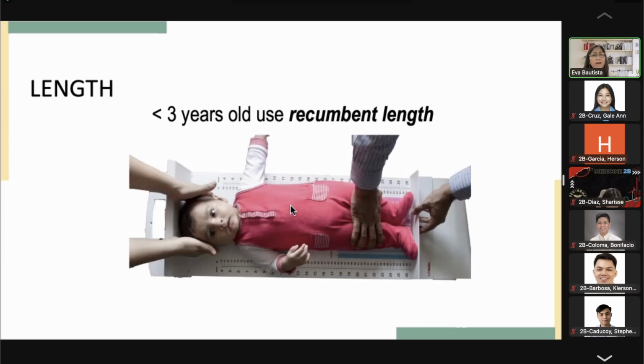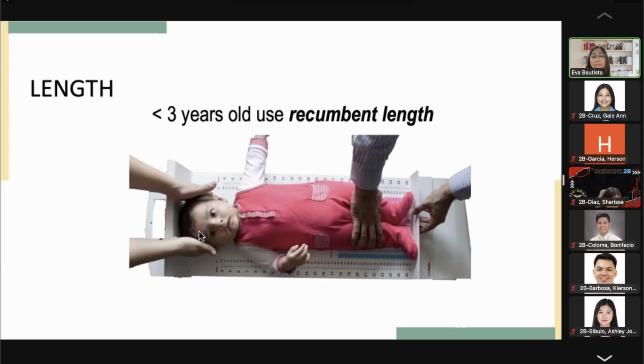Now, if you get their height standing and it is shorter, then we just add a certain centimeter to account for the lordosis. Because some children don't want to lie down. Even if they're less than 3, it's hard to restrain them and get measurements like this, the one shown on the screen, on the PowerPoint. We call this an infantometer. So at least there are 2 persons getting the measurement.